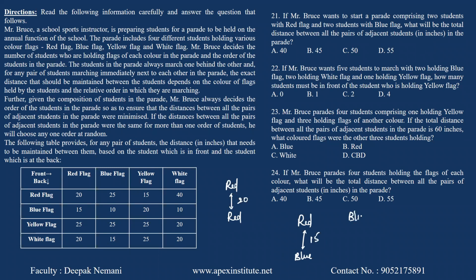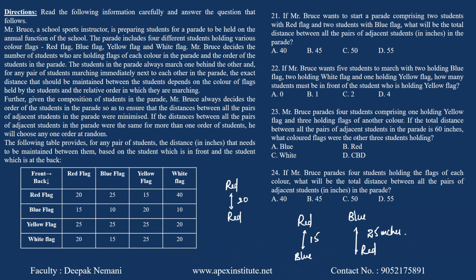Now, if you have blue followed by red, now red is behind blue, isn't it? So the distance maintained should be 25 inches. Okay. Same for the remaining flags as well.